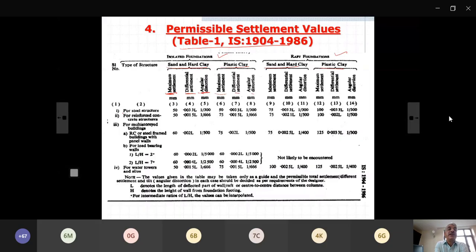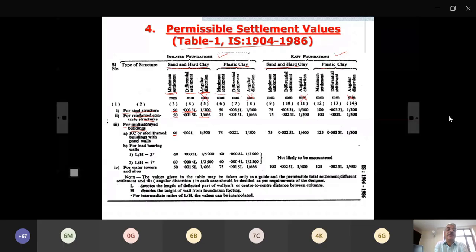For steel structures, the value is 50 mm, differential settlement of 0.0033 times L, and 1 by 300 is angular. This mm is written wrongly in the IS code. In fact, angular distortion has no unit. It is 1 by 300. So 50 mm is general for steel structure and for RCC structure. For multi-story building, RCC or steel framed, 60 mm.